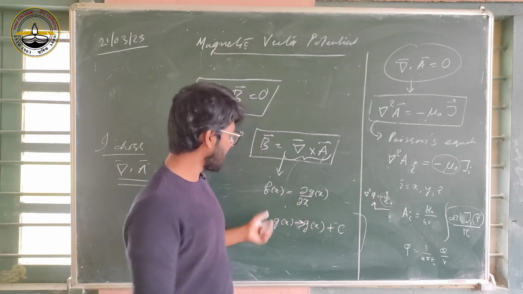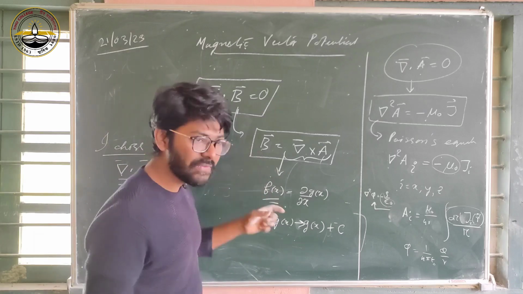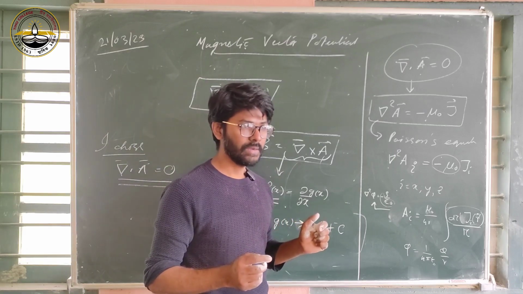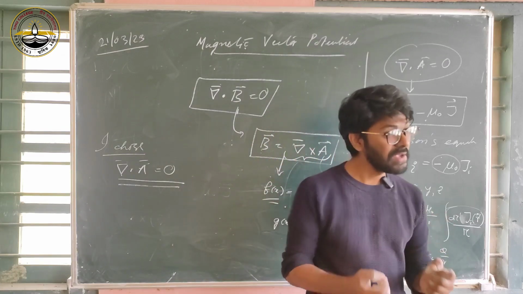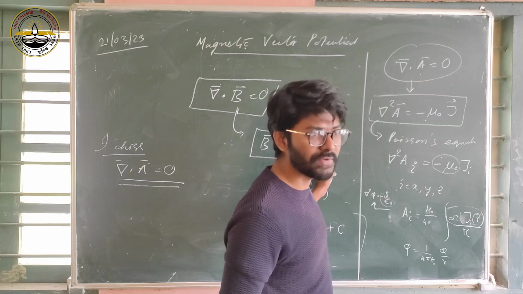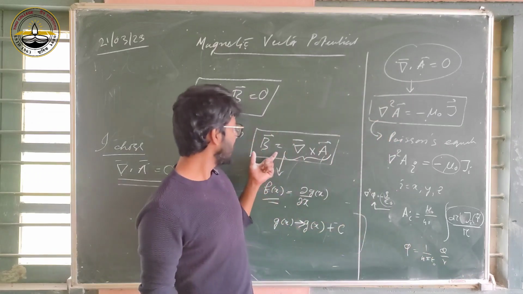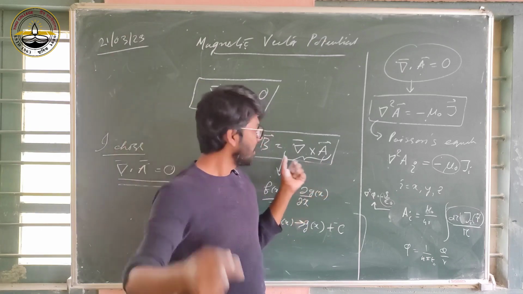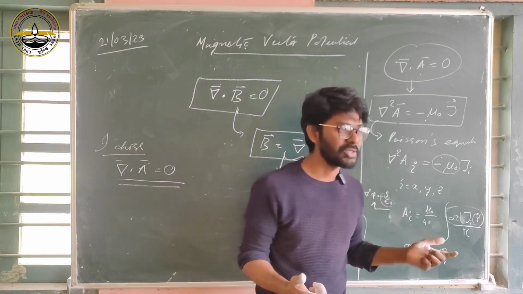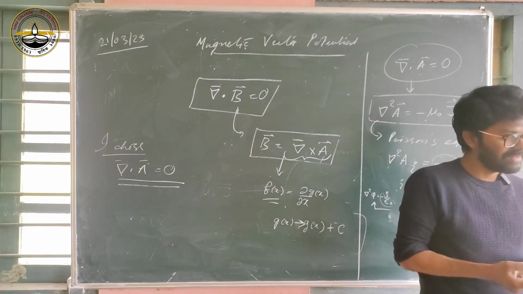Now what is physical? Magnetic field is physical. Magnetic field is something that we measure. That's something we feel. A is not physical. It's a mathematical artifact. We can write magnetic field in terms of some mathematical function A, but B is what we really measure. Magnetic field, electric field, that's what we can feel.